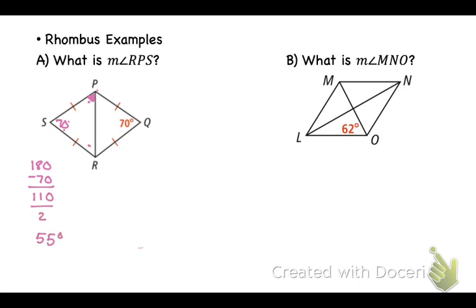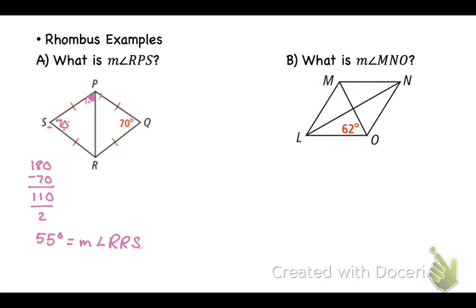In order for two of the angles to be 70, they would have to be here and here, but 70 is the vertex angle, so there's not two of them. Make sense? So that is the measure of angle RPS.